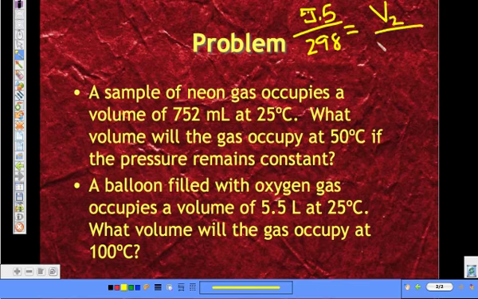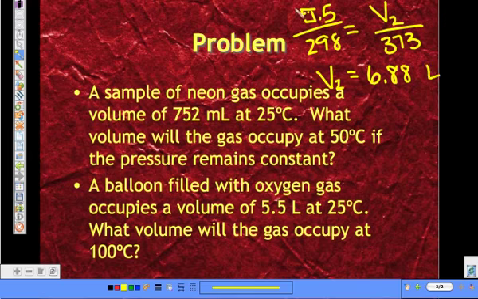All right, so V2, and you cross multiply and divide. 8.88. And what's our units? Liters this time. Since 5.5 is in liters, our answer is going to be in liters.